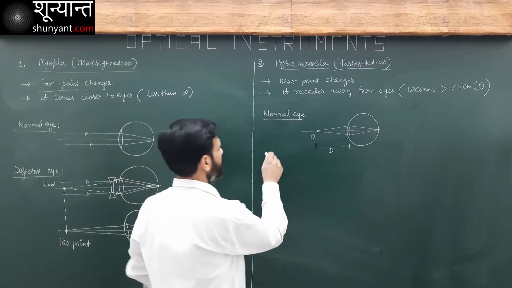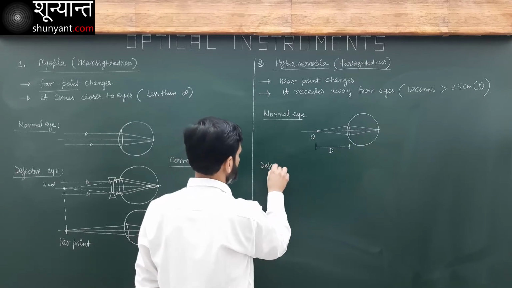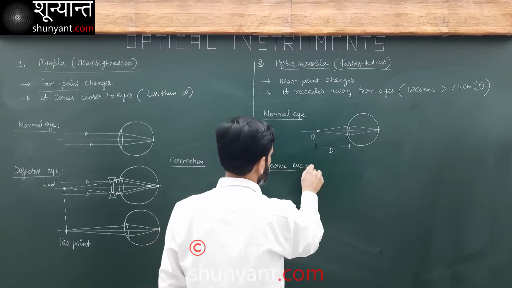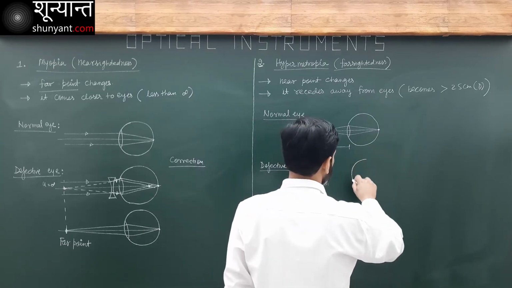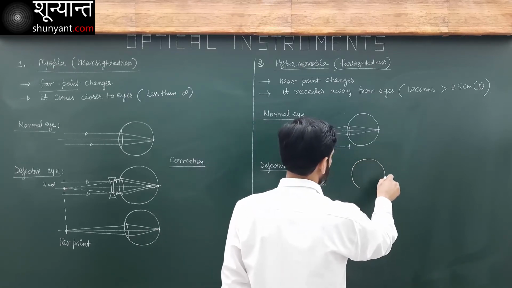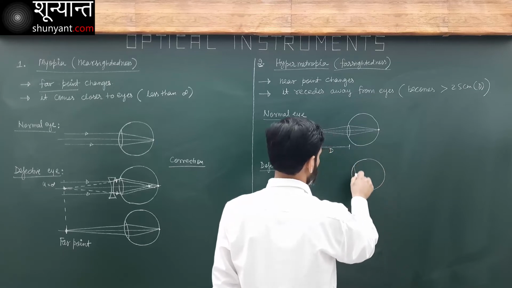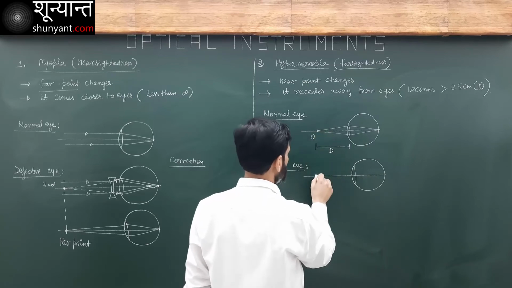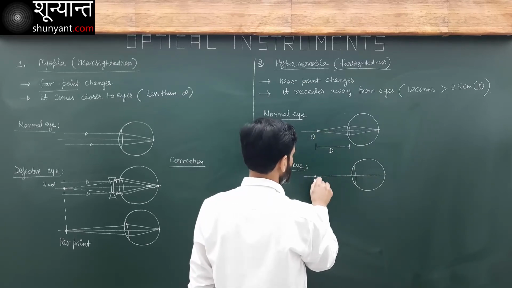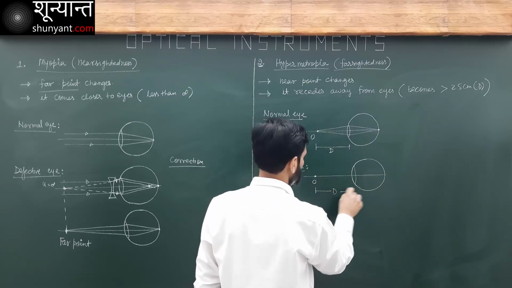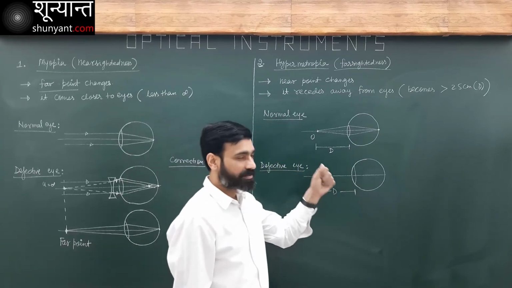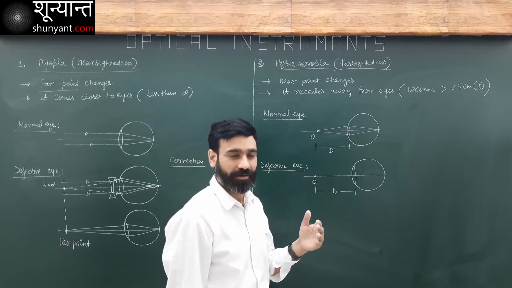In a defective eye, if the object is kept at D, object is here at D. This is my object. This distance is D. This I cannot see because image does not form on retina.